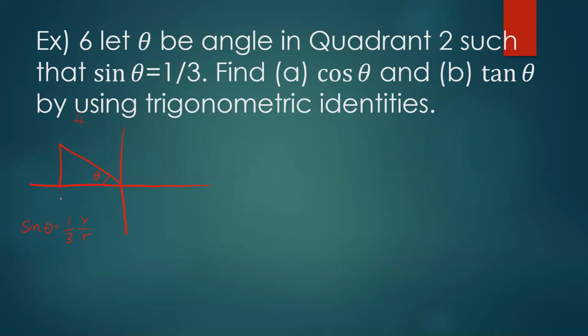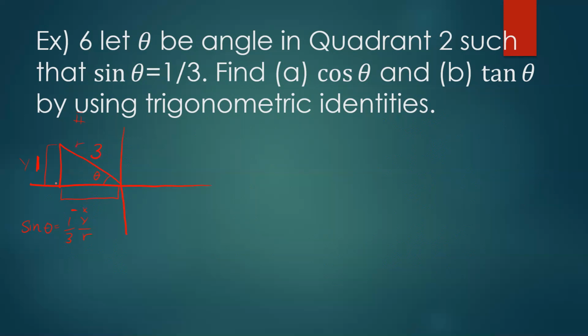So this length here is your x, and keep in mind that we're in quadrant 2, so it's going to be negative. And then this length here is your y, and y is positive in quadrant 2. And then this thing here is your radius. So this 1 is your y value, so you're going to put a 1 here. And then this 3 is your radius, so this is going to be 3 here.